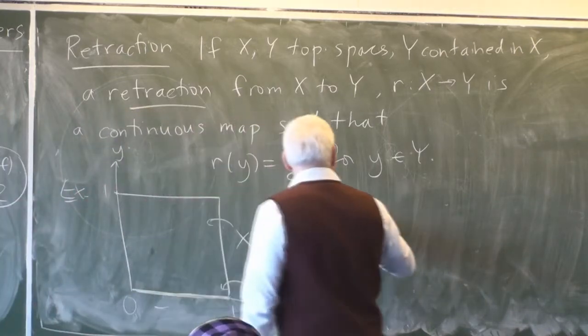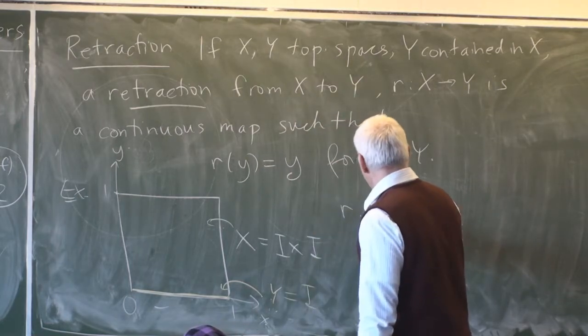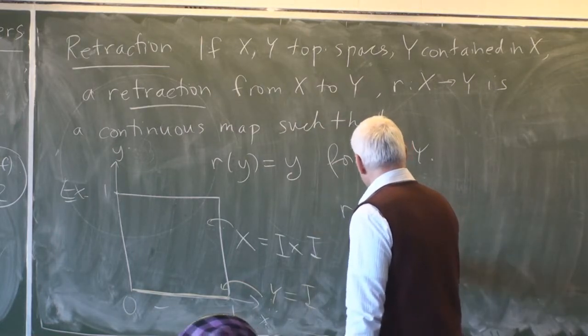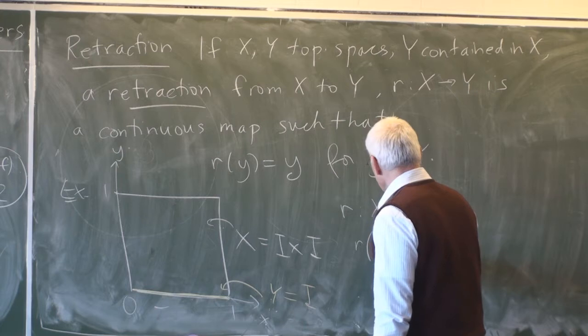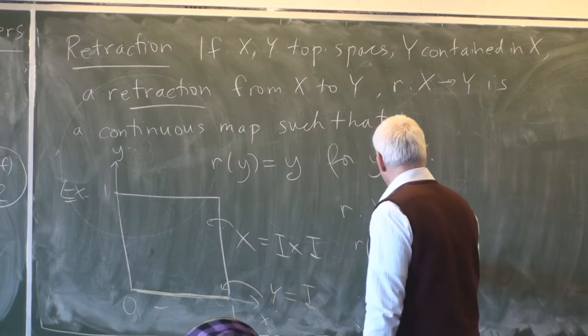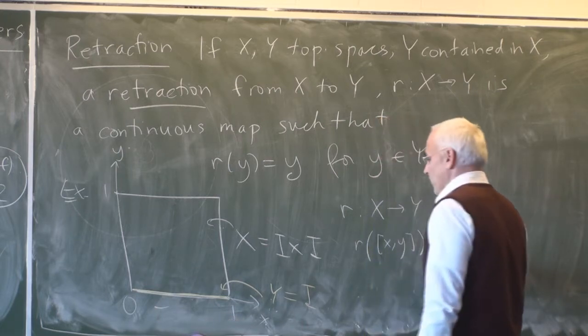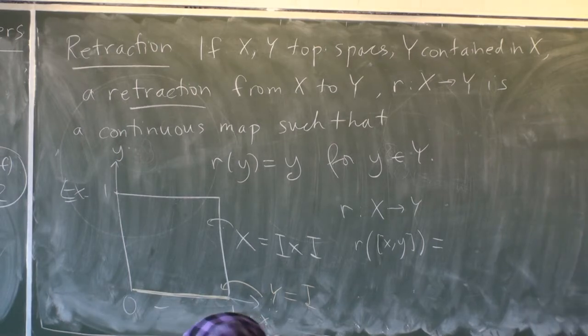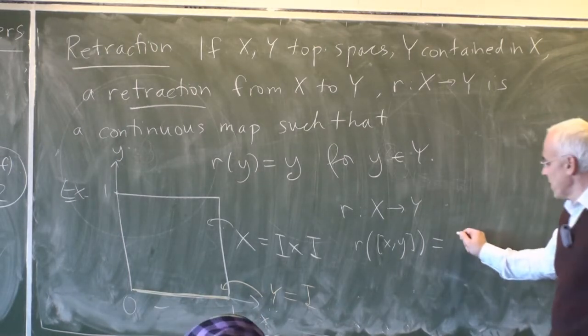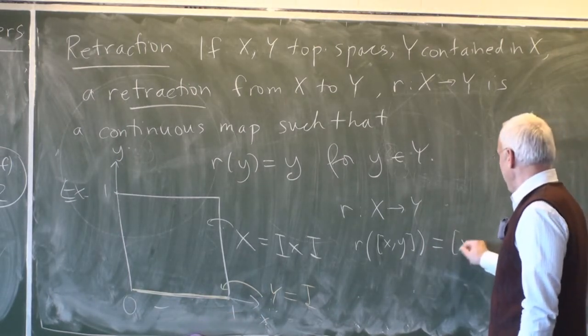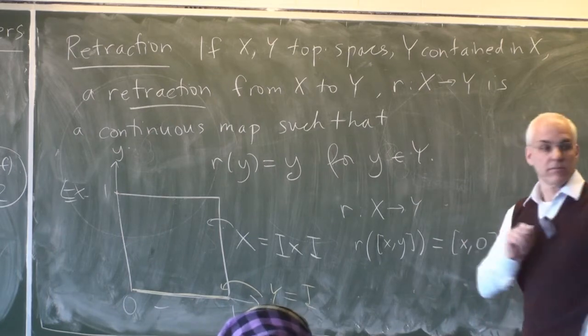So in this case, a retraction would be, well, it's a map from X to Y, so we could define it by taking the point (x, y) and sending it to (x, 0).